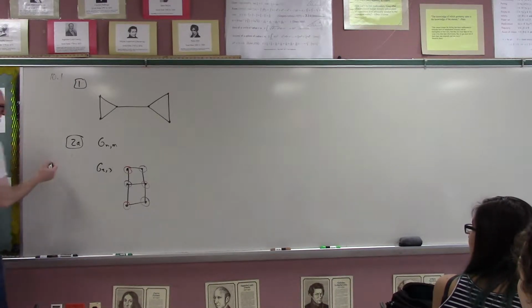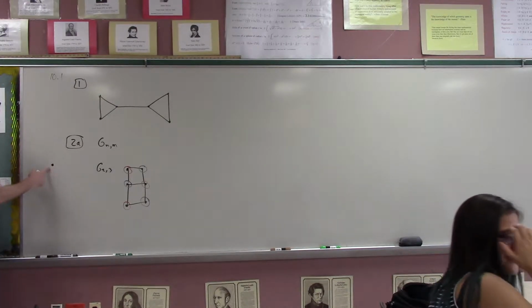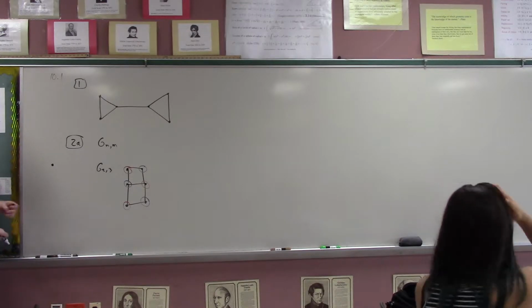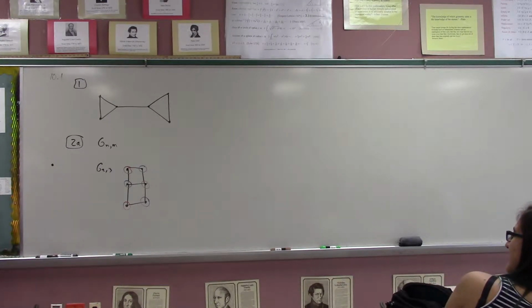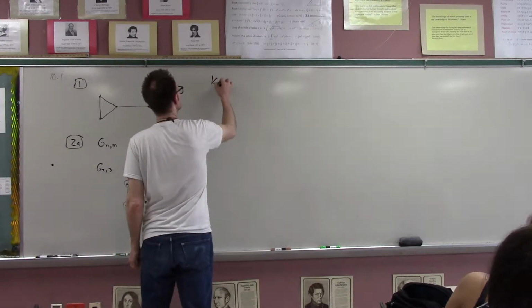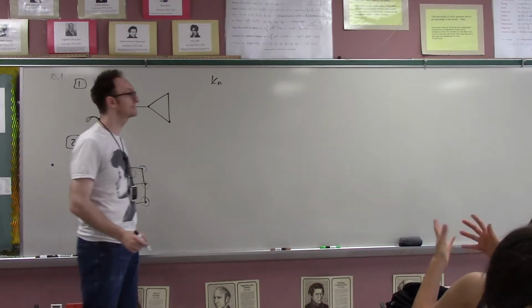So let's just agree that we either don't know or don't care whether a graph with a single vertex is bipartite or not. Okay, good. More! Kn. What is Kn? That's the notation for the complete graph. Is that bipartite?